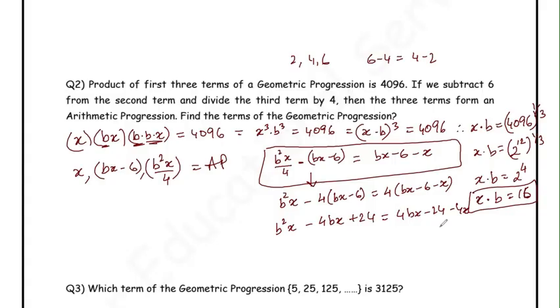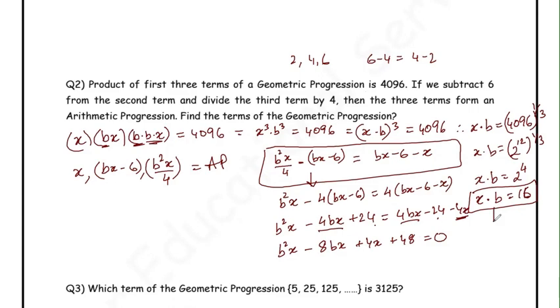And we simplify this, so we get b square x, and then this 4bx and this 4bx becomes minus 8bx, and this 24 and this 24 becomes positive 48, and this negative 4x comes to the other side and becomes positive 4x. Plus 48 is equal to 0.